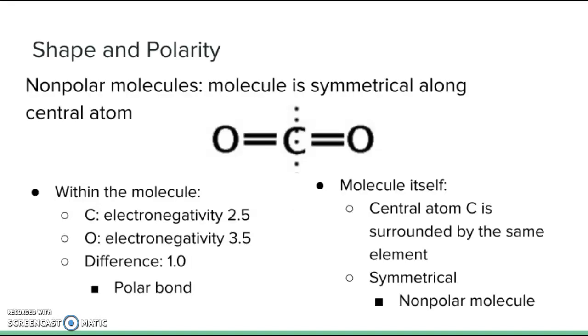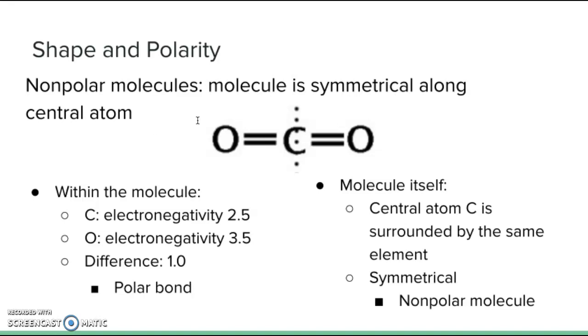I have nonpolar molecules, meaning my molecule itself is symmetrical along the central atom. For each bond of my central atom, it is the same on each side. So within the molecule itself, I have C bonded to O on each side. C has an electronegativity of 2.5, O has an electronegativity of 3.5, and the difference between the two is 1.0.